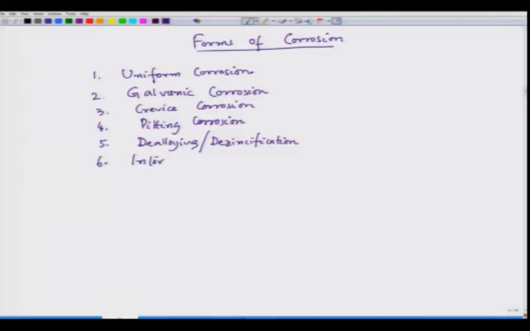Then we have intergranular, seventh, erosion corrosion, where we have two special forms: one is fretting, another one is cavitation.